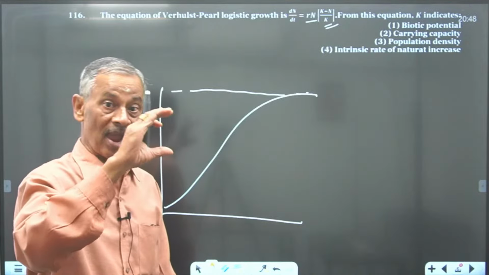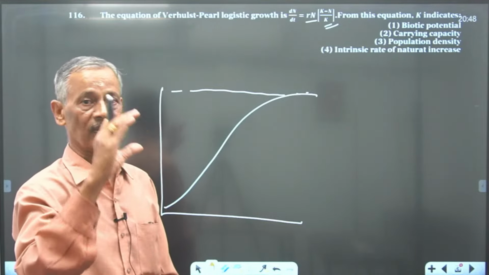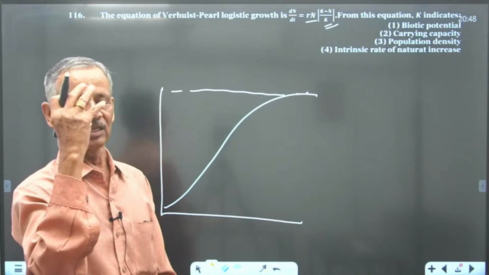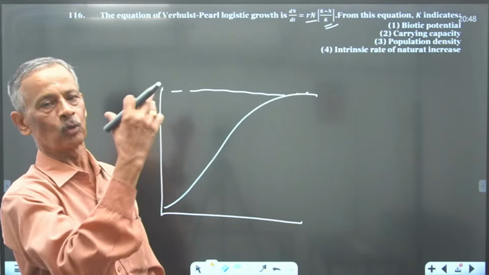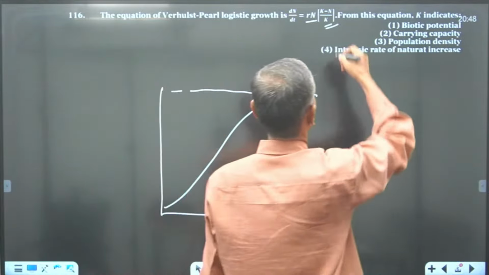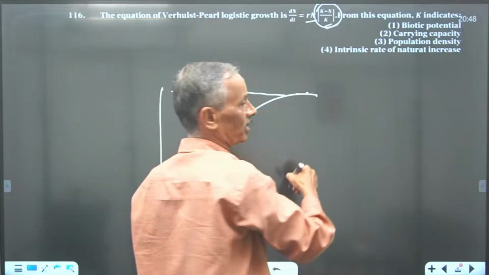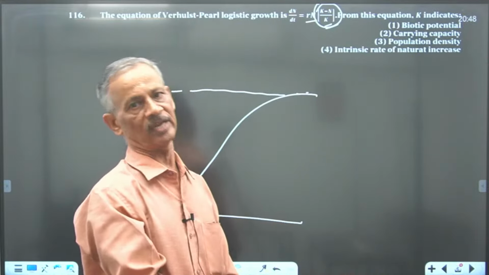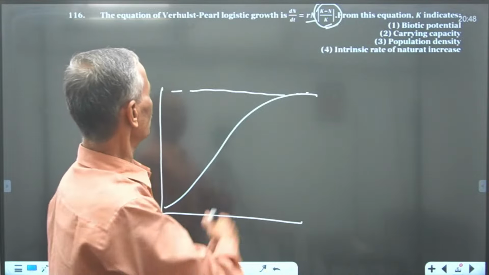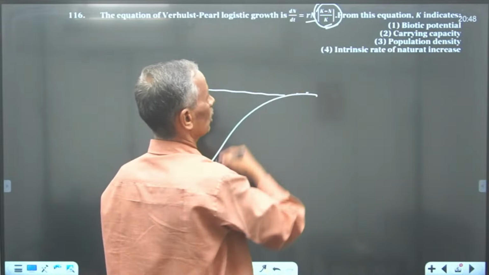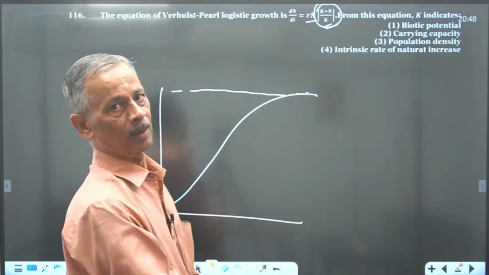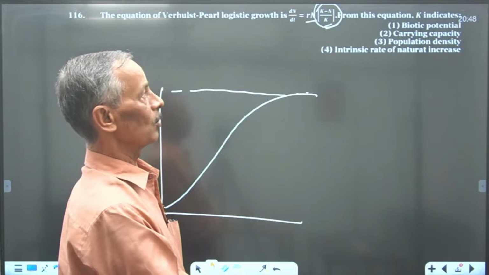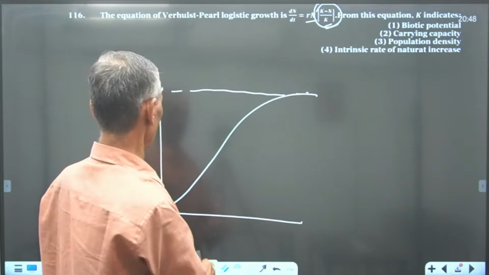That is the maximum density of that population that the ecosystem can support. That's called carrying capacity. And (K-N)/K is what is called environmental resistance.